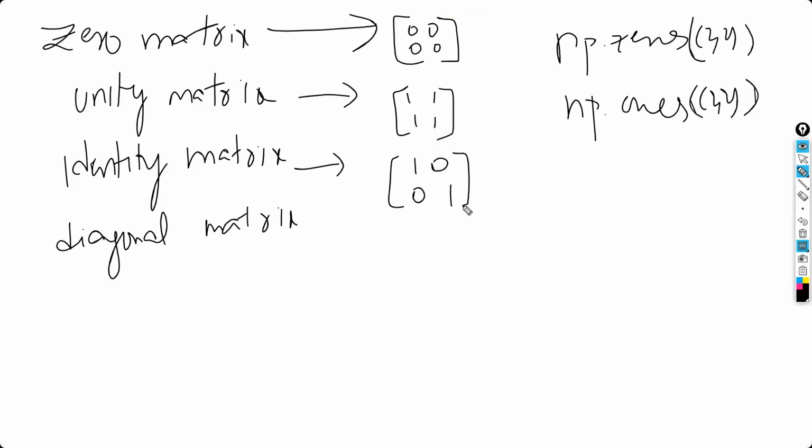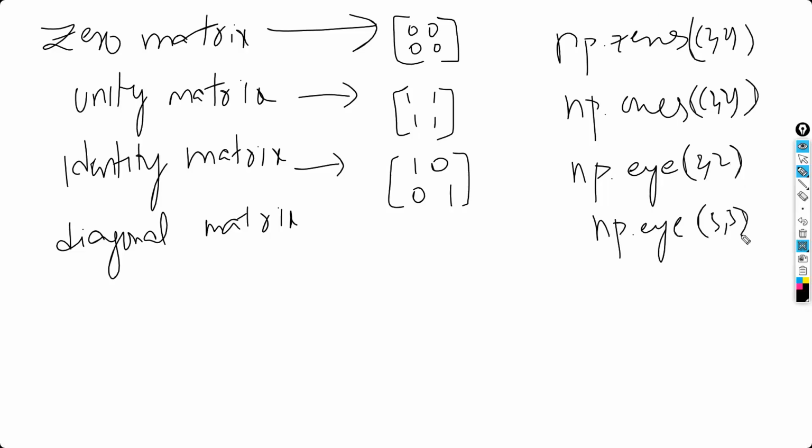Then only it is called an identity matrix, and the function to create it is called I. If you write identity matrix of 2 by 2, it will give an output like this. If you write identity matrix of 3 by 3, what is the output? 3 rows, 3 columns, out of which diagonal values should be filled with 1, remaining values with 0.